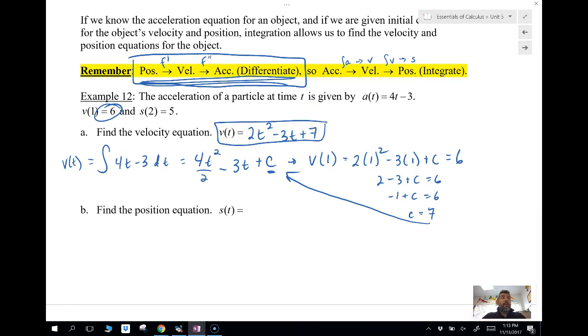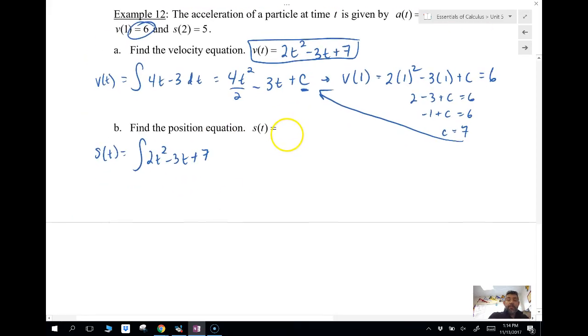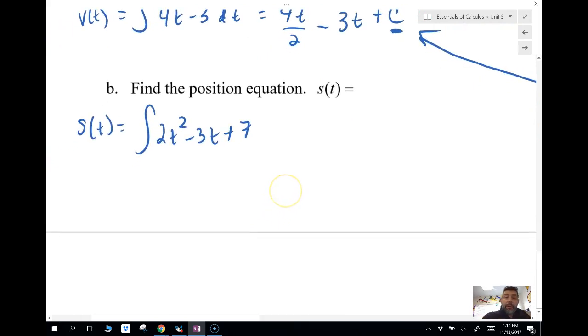Sounds good? Okay, so now we're going to find the position equation. We can find the position equation by using our velocity equation. Remember here, the integral of velocity is position. So we're going to do it one more time. The position is going to be the integral of 2t squared minus 3t plus 7 dt.